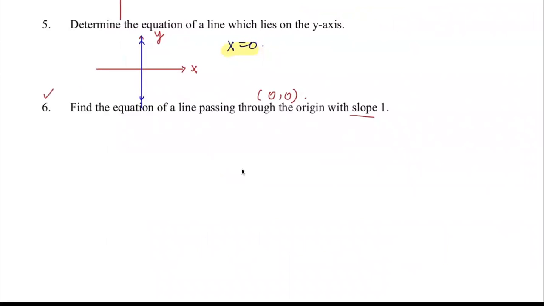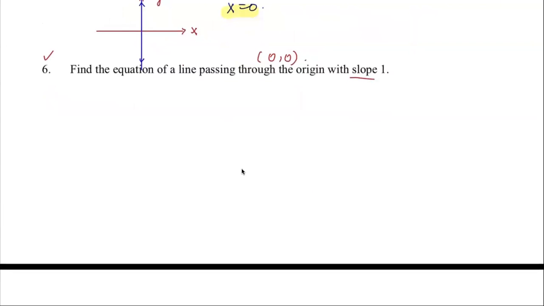So question number 6 is basically the same type of question where we are given a point on the straight line and a slope of the straight line, and we need to find the equation of the straight line, right? There's nothing new here. So how do we do that? Remember, we define x, y, right? So we let (x, y) represent all points on the straight line, right?